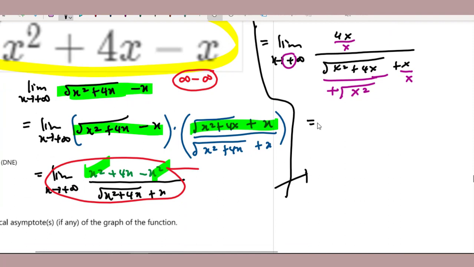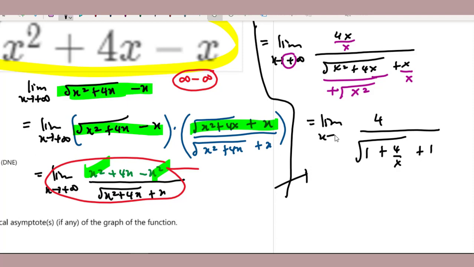Simplify. For the limit, x over x cancels. And here it is just like x squared over x squared, 1, plus 4x over x squared, 4 over x, plus 1, as x tends to positive infinity.